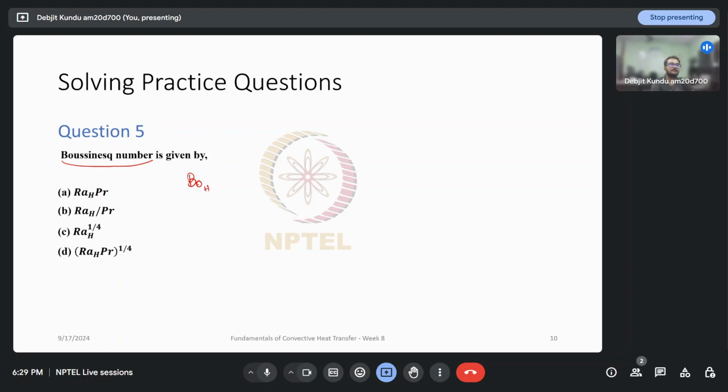So in terms of Rayleigh number and Prandtl number, what should it be? Should it be a product of Rayleigh number and Prandtl number? Should it be the ratio of Rayleigh number and Prandtl number? Or is it option C, Rayleigh number to the power 1/4? Or should it be option D, Rayleigh number multiplied by Prandtl number, the product to the power 1/4?